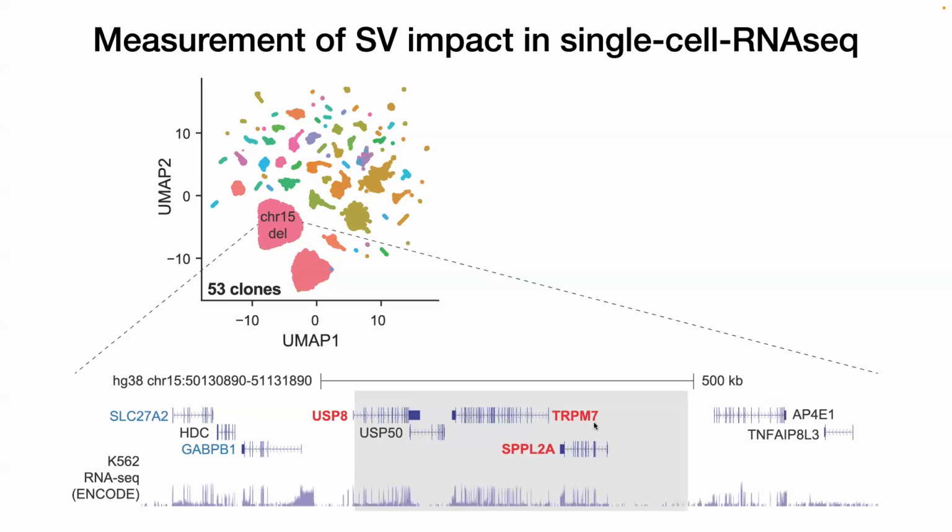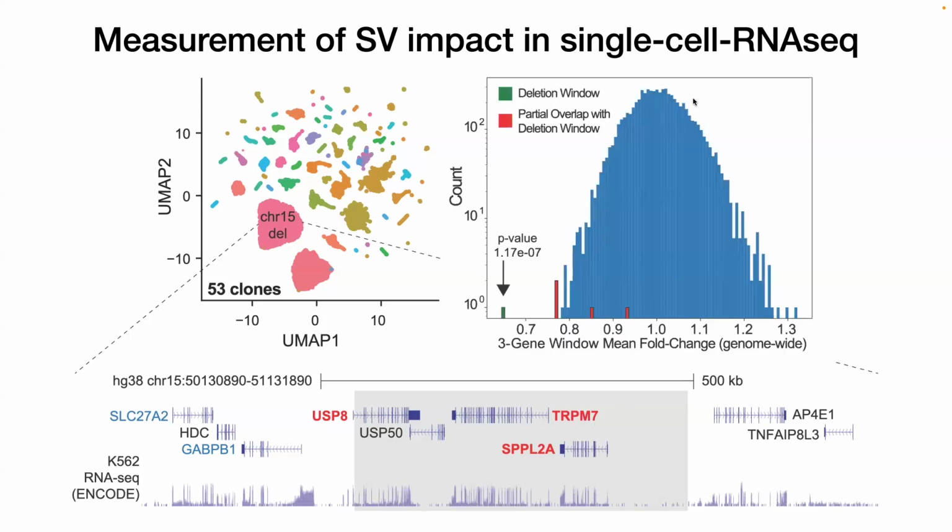Now remember, K562 is triploid and chromosome 15 is triploid in these cells. And if you delete one copy of a triploid chromosome, you expect a 33% reduction in that particular sequence. And in the single cell data, what we actually see is if you compute the fold change between cells that contain this deletion versus not, and look at 3 gene windows and what the mean fold change is, you find that there's only one outlier, and this is actually the 3 gene window that encompasses the deletion.